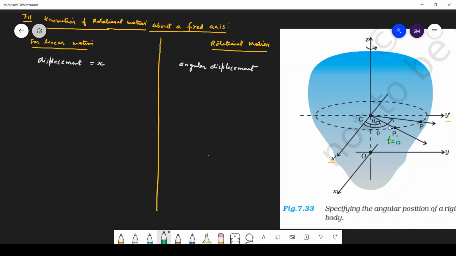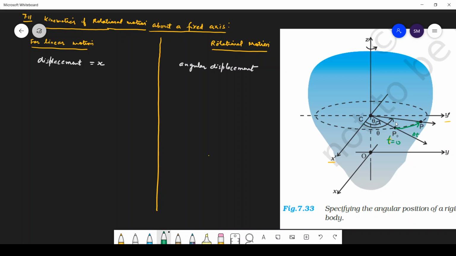Then in time delta t it moves from P naught to P, and now the angle is theta.